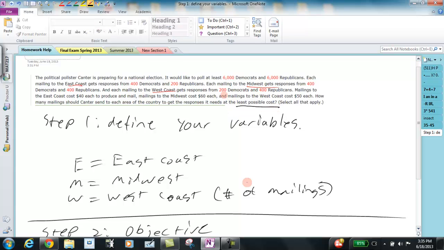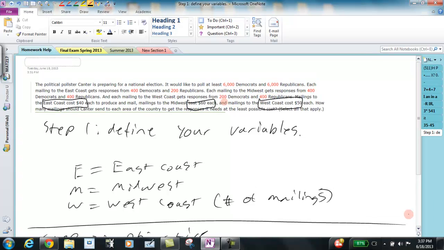So what we're going to do is write an equation about cost. Let's find the information that talks about cost. Okay, so up here I found East Coast cost, Midwest cost, and the West Coast cost. So East is 40, Midwest is 60, West is 50.